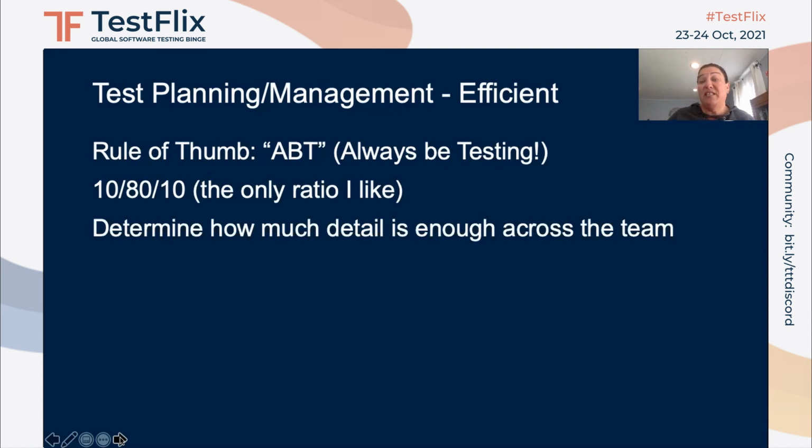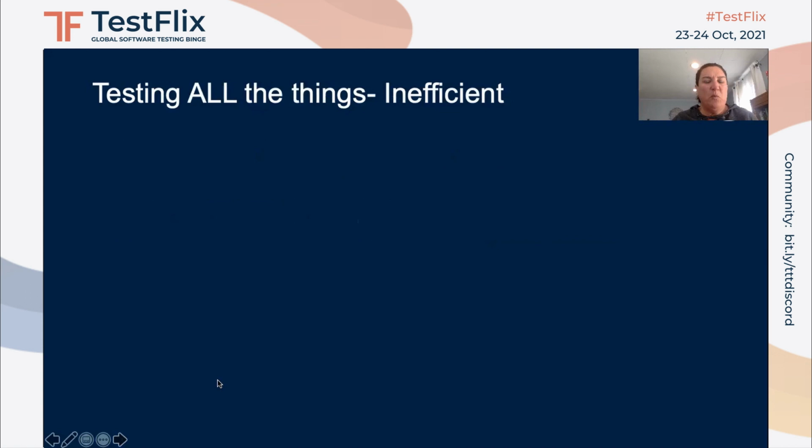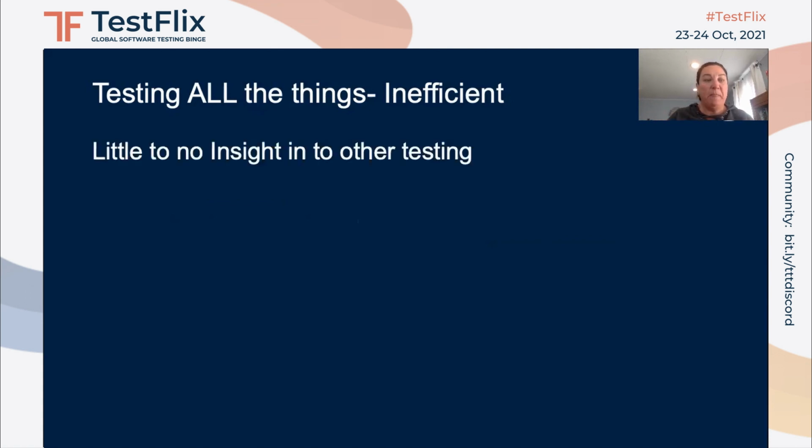We determine how much detail is enough within those test cases or tests that we write, and we make sure that that's pretty consistent across the team. Another thing that we may have introduced is that it's the responsibility of the tester or the quality assurance person to test all of the things. That's a very inefficient way to be thinking about that, because as you've probably certainly experienced, sometimes we make that decision because we have little to no insight into other testing.